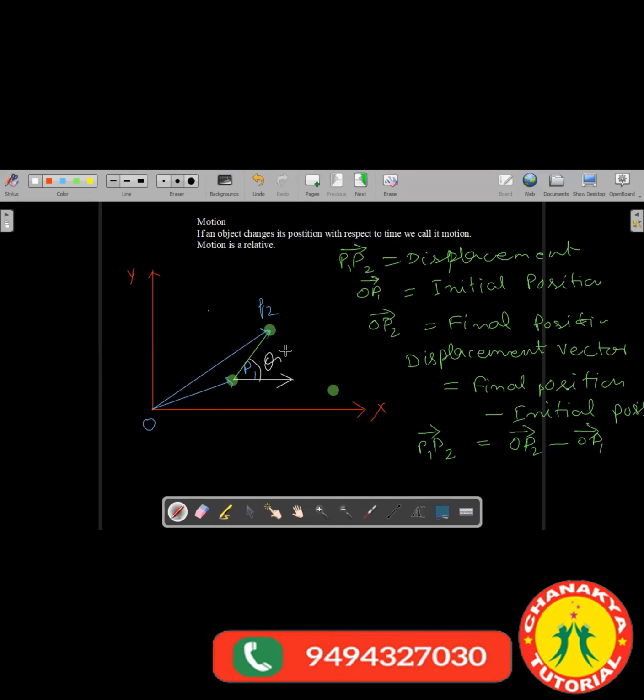It's not necessary every time to say north, south, east, west. We can mark them with the help of coordinates and provide their orientation with the help of an angle.